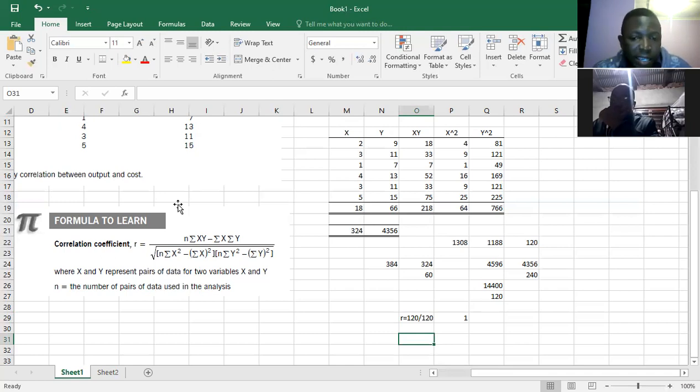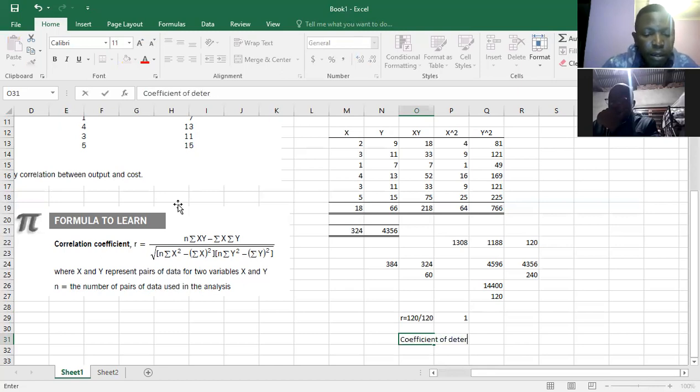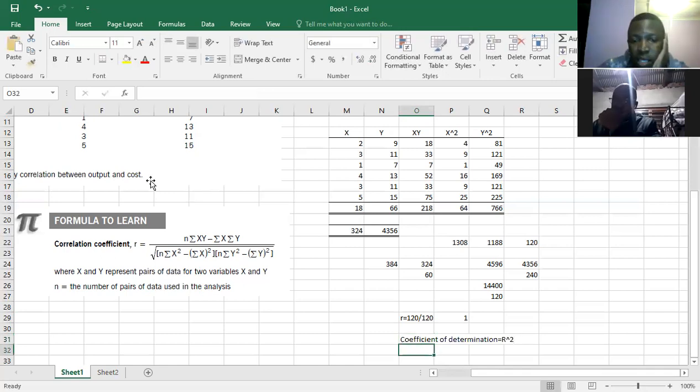Now, there is the grandson to this one, which we call the coefficient of determination. Normally the symbol is actually r squared. This r, you square it.